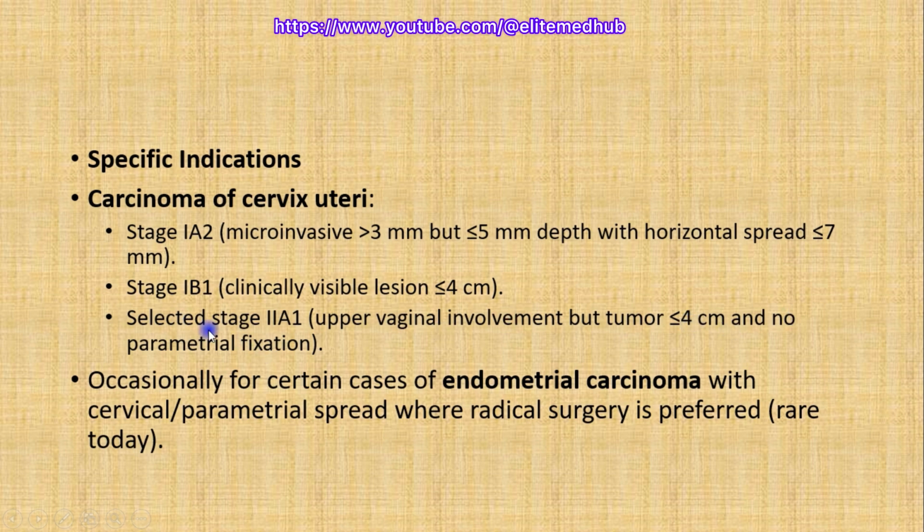So in stage 2A1, you have a macroscopic lesion that involves the upper vagina but is less than or equal to 4 cm and does not involve the parametrium, and also indicated in occasional cases of endometrial carcinoma with cervical or parametrial spread where radical surgery is preferred. It's rarely done though.